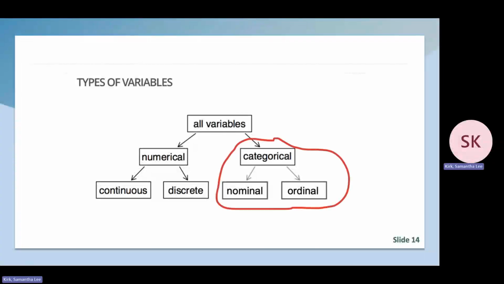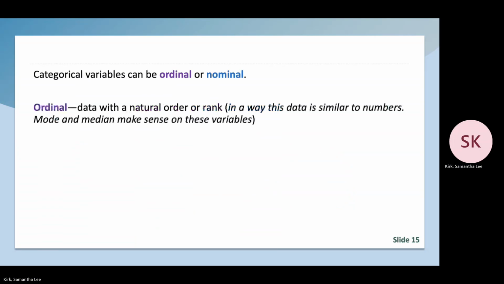Okay, let's focus on categorical variables. Categorical variables can be split into nominal and ordinal categorical variables. Look at the word ordinal. It has the word order in it, and that means we can put the data in some kind of natural order. So ordinal data has a natural order or rank.